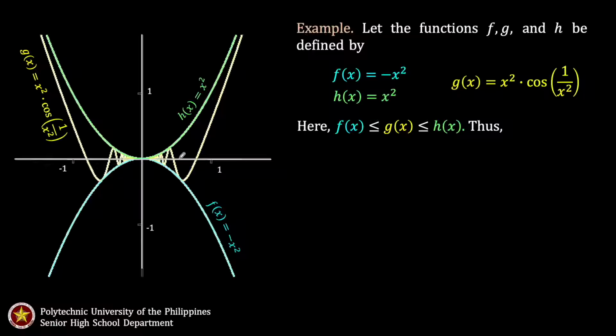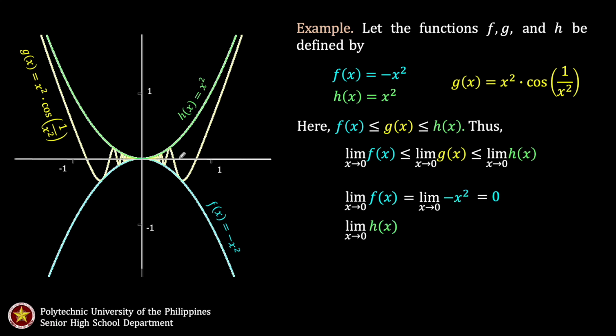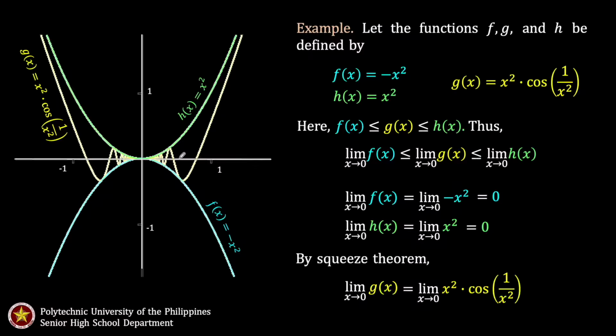So simply get the limit of f and h as x approaches 0. We will obtain 0, applying limit theorem number 5 or 6. I think that's the limit of the nth power. These are both 0. So if that's the case, we can conclude that the limit of g is also equal to 0 with the help of the Squeeze Theorem.